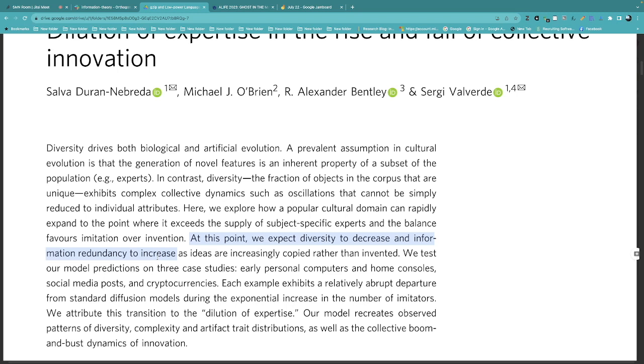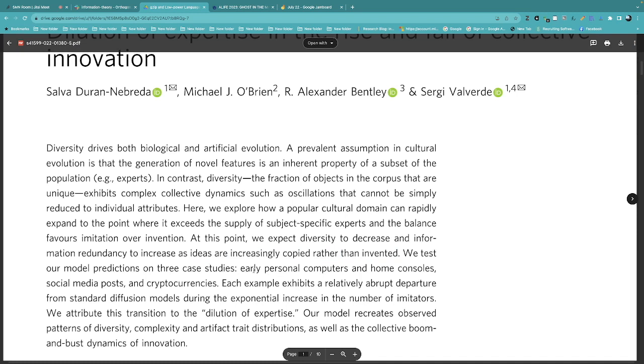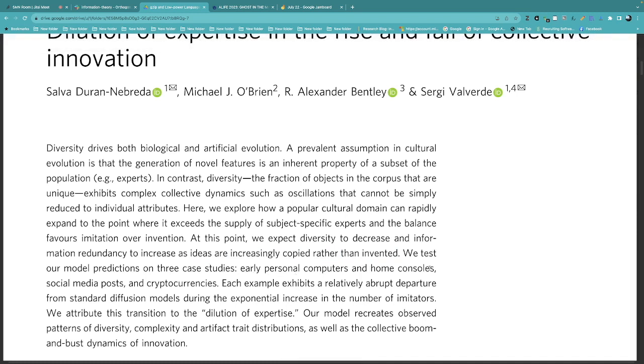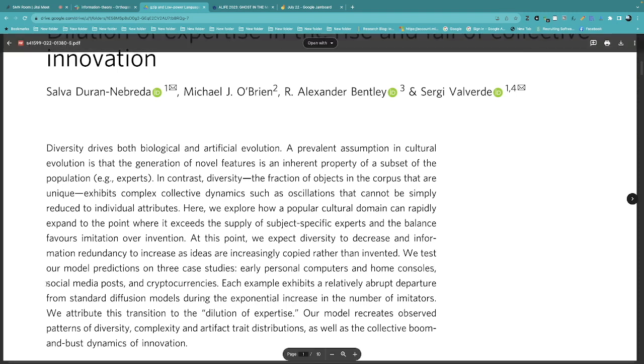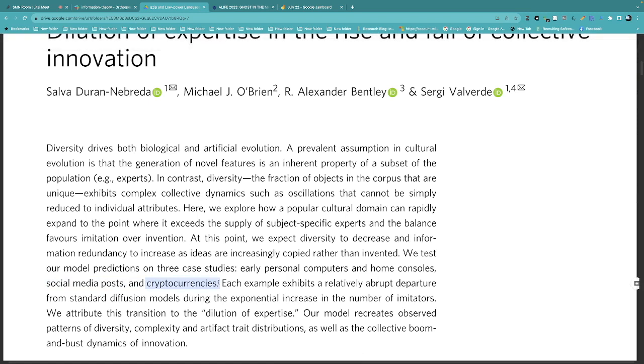Things repeat the same information because it's imitation, as ideas are increasingly copied rather than invented. We test our model predictions on 3 case studies: early personal computers and home consoles, which is the Atari 2600 and the VIC, social media posts, and cryptocurrency. So they look in these different domains. They start out with innovation, and then they observe increasing imitation.